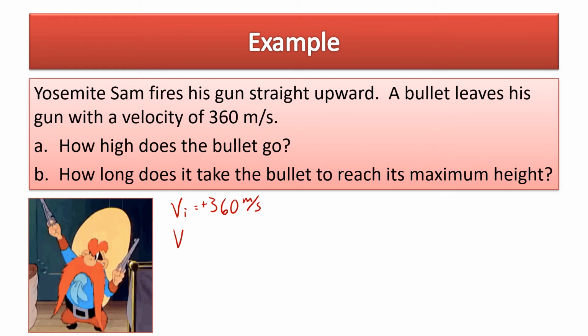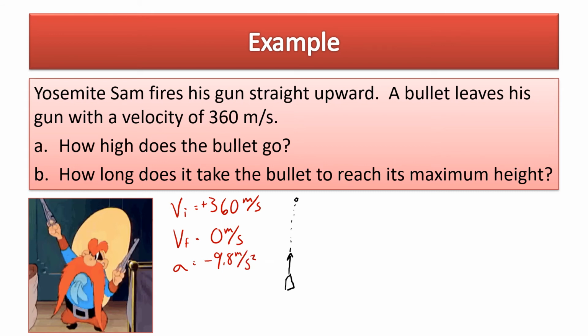The final velocity is 0 meters per second because that bullet is going up in the air to a maximum height right here. As it's moving upward, the velocity is decreasing because of gravity, negative 9.8 meters per second squared.